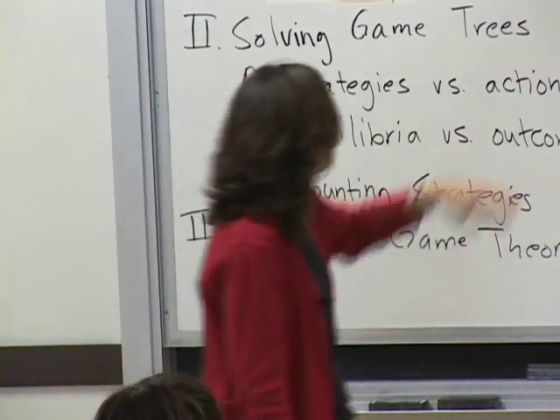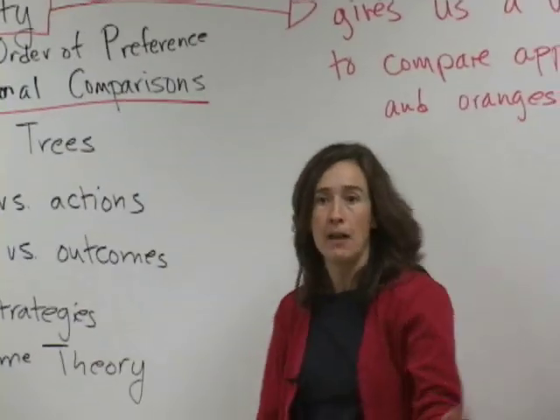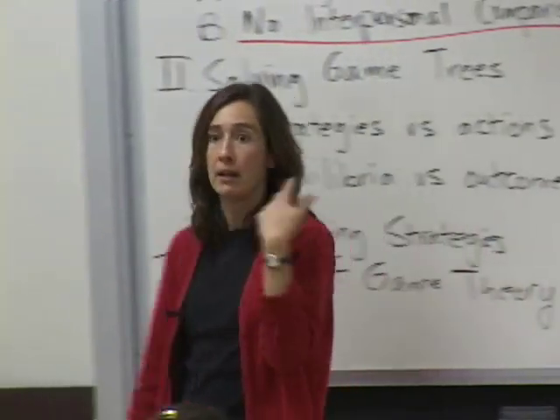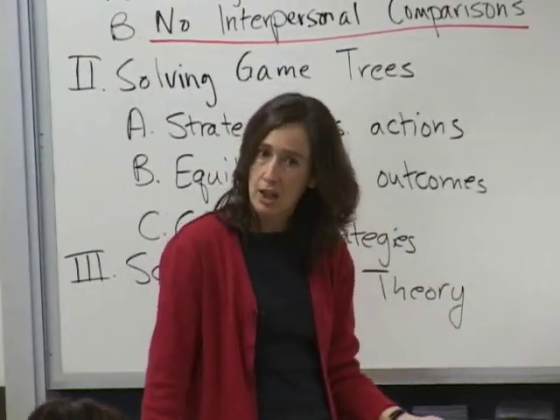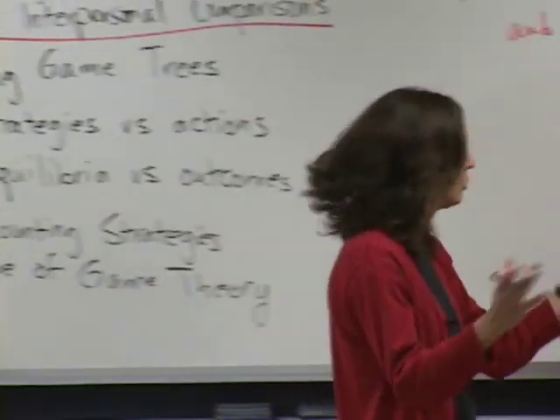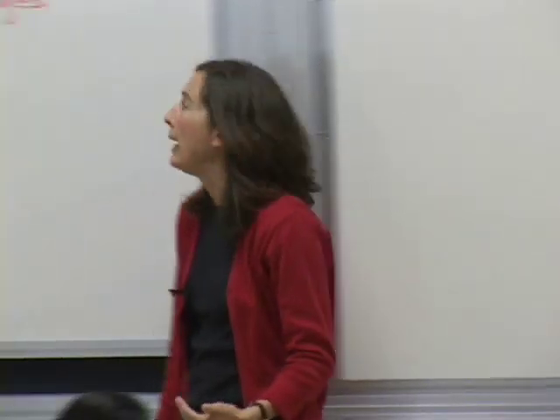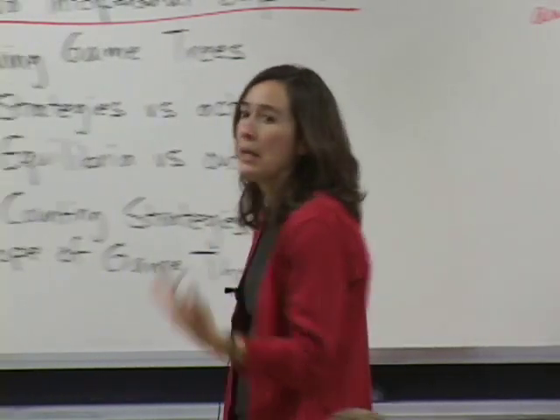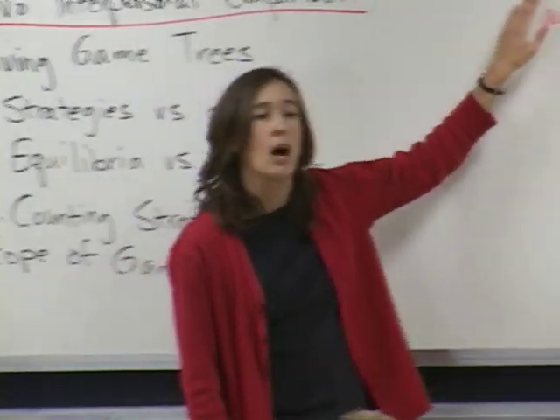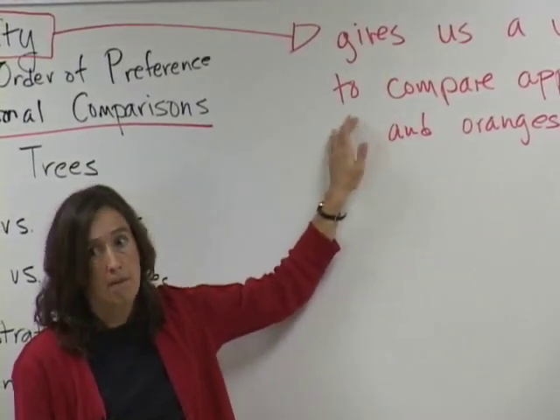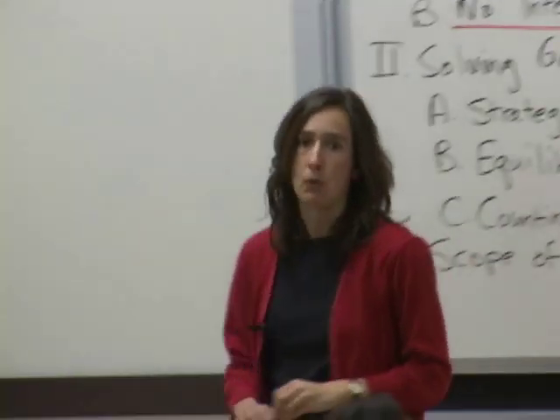Okay, utility numbers are the conventional way in economics, in game theory, in decision theory, in management science, used throughout the social sciences, to understand people's preferences, to understand how people make choices, choices that involve comparing apples and oranges, comparing non-alike things.